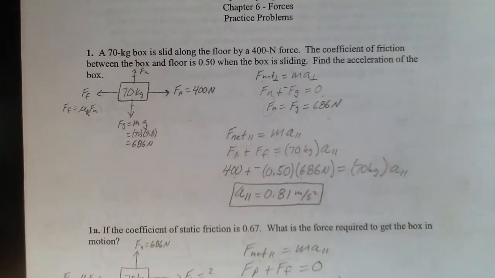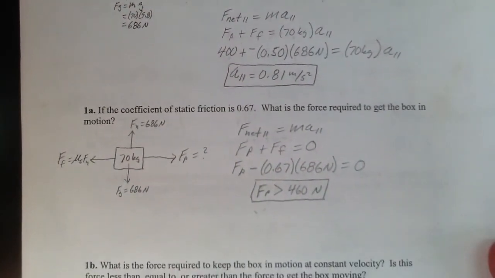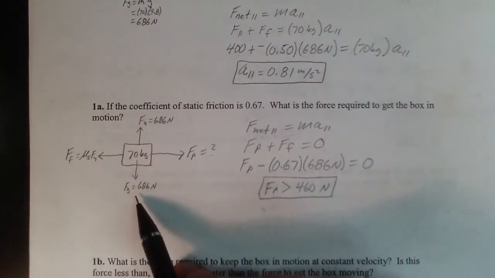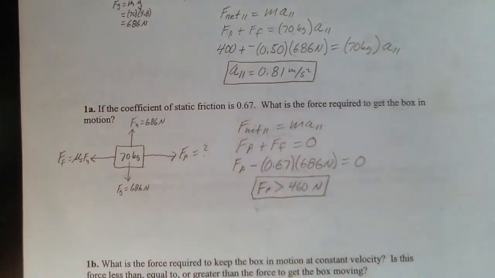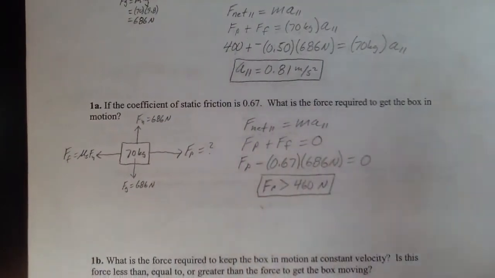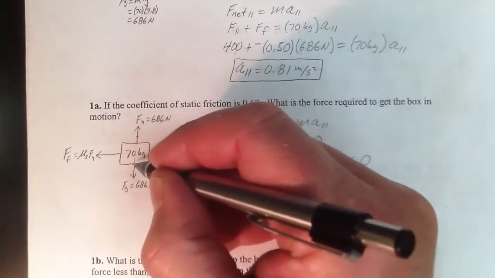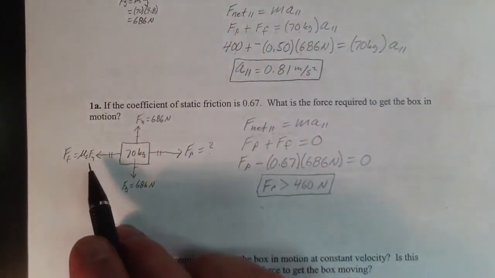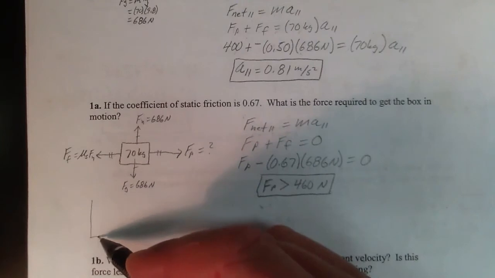All right, now the next 2 problems are just a spin-off. What I'm telling you now is same scenario, same box, same weight, same force normal, but now I'm trying to get how much force to get the box moving. It's not quite moving yet, so I am in equilibrium. But I'm going to have to overcome this static force. Remember what we did in the lab.